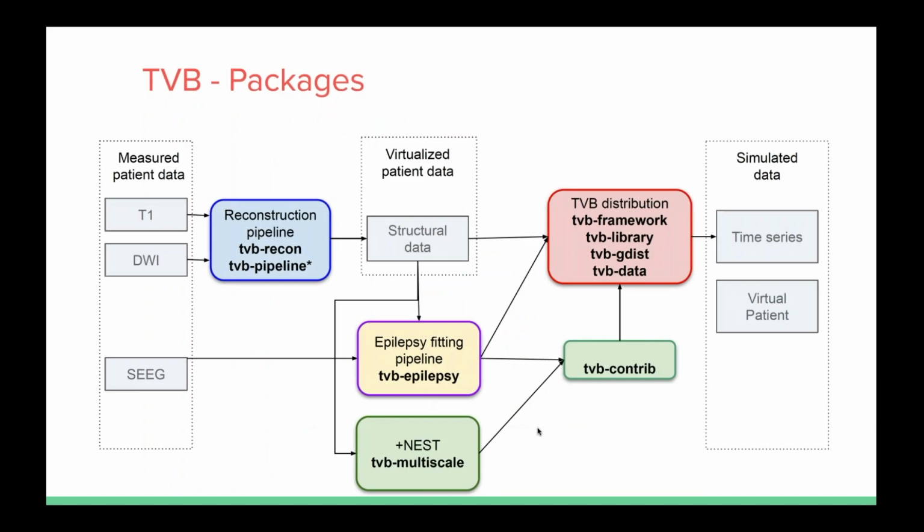But TVB ecosystem is a bit larger than this. And in my next slide, you should see in the red rectangle, you can probably recognize the 4 packages from before. So inside what we call a TVB distribution, we put the framework and the library and the two others.